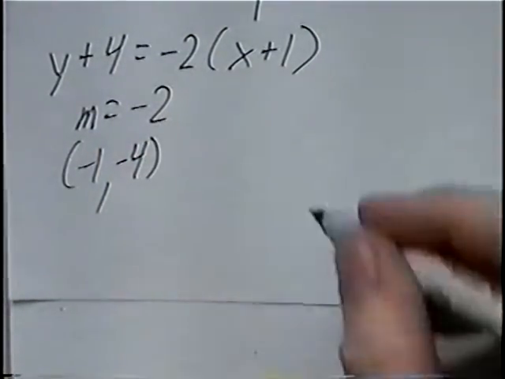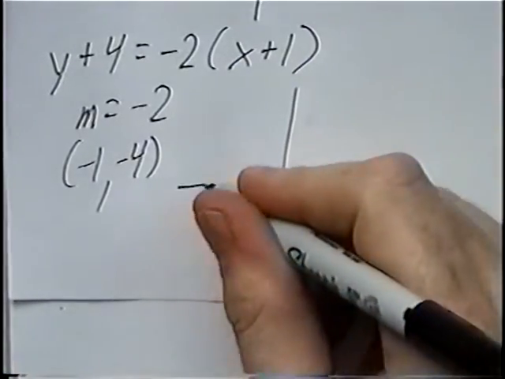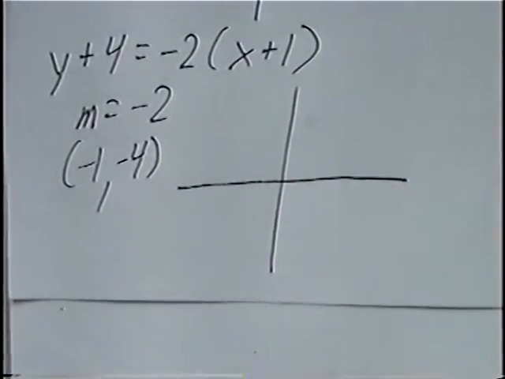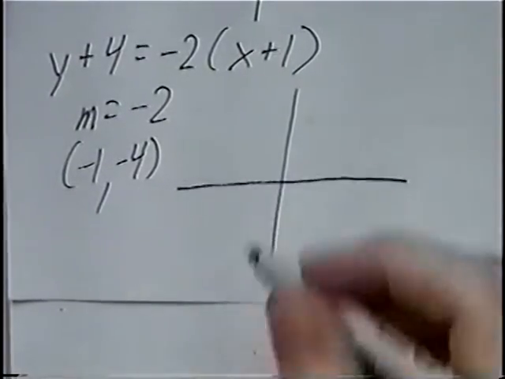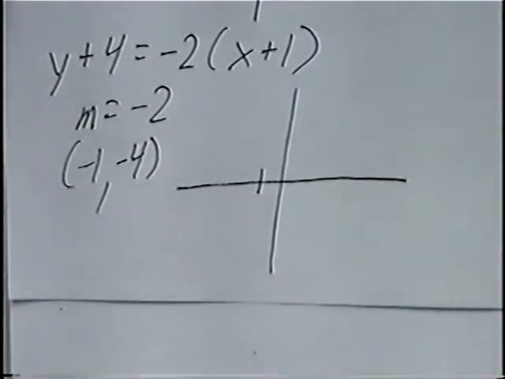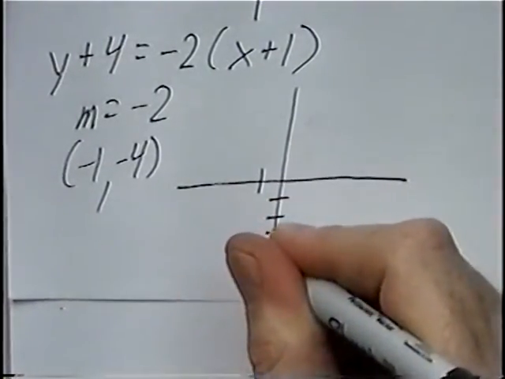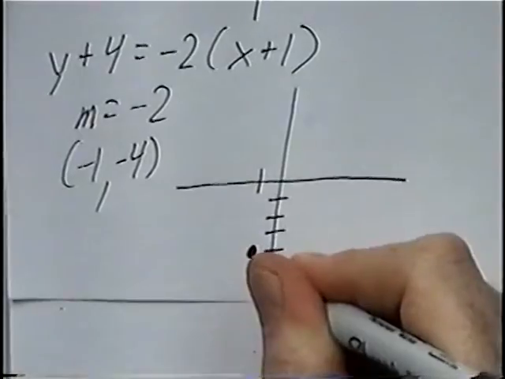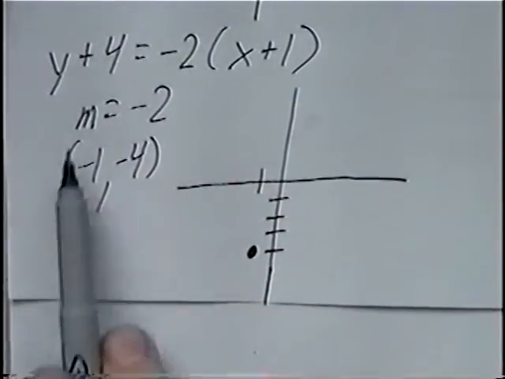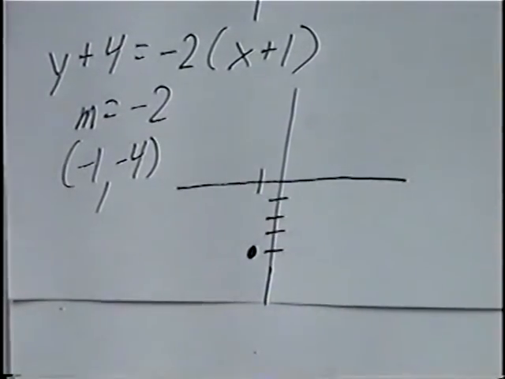Using the slope and the point, we can graph this equation. Point negative 1, negative 4. Negative 1 would go to the left 1 spot, and negative 4 would go 4 spots down. The slope we have, m equals negative 2.